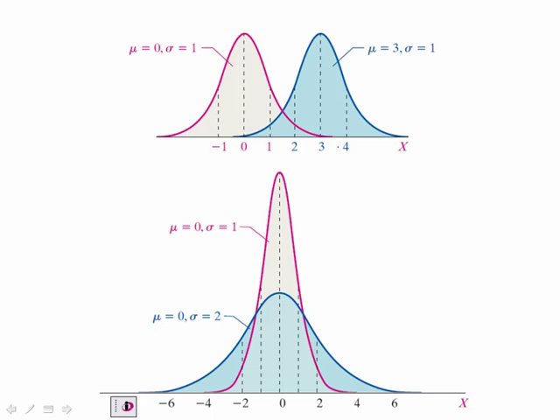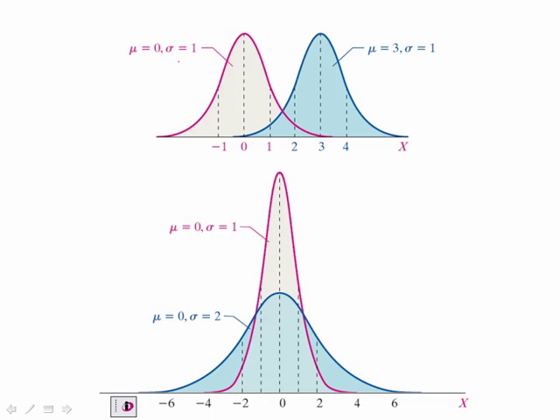Because of the symmetry, the area under the curve to the right of the mean is the same as the area under the curve to the left of the mean, equal to 1/2, because the area under the total curve has to be 1. Okay, so that's basically the role that mu plays.